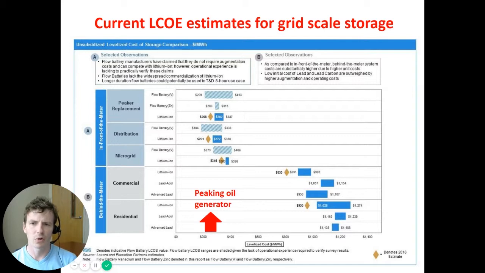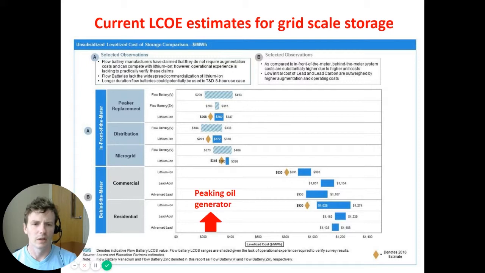In general, when we talk about in front of the meter, that would be utility scale devices, so batteries that are interacting on the wholesale market with wind farms or solar farms. Behind the meter refers to batteries placed at individual people's houses. This also compares the levelized cost of electricity for in front of the meter, grid scale energy storage with the most expensive type of electricity that we typically have in the grid, which would be peaking oil generators.